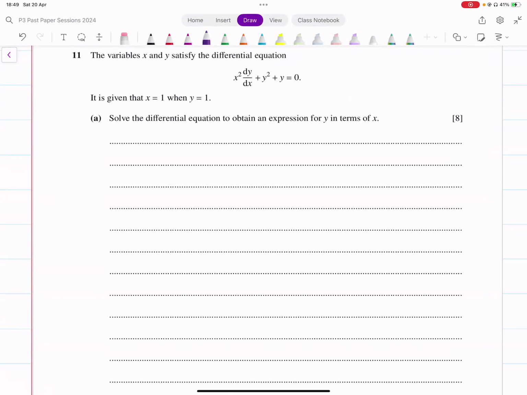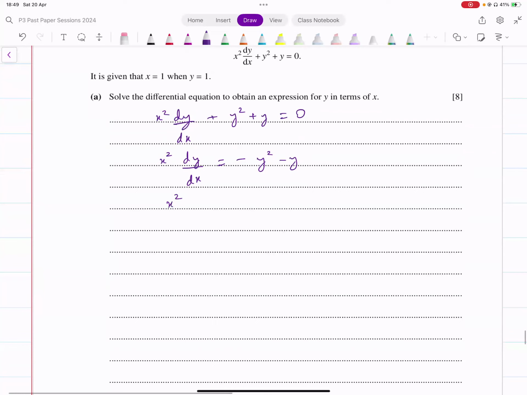You would get, let me write that down here. x squared dy over dx plus y squared plus y equals 0. Now, you can just take these two terms on the other side first. And that leaves you with x squared into dy over dx equals, I just multiply, minus y squared minus y.